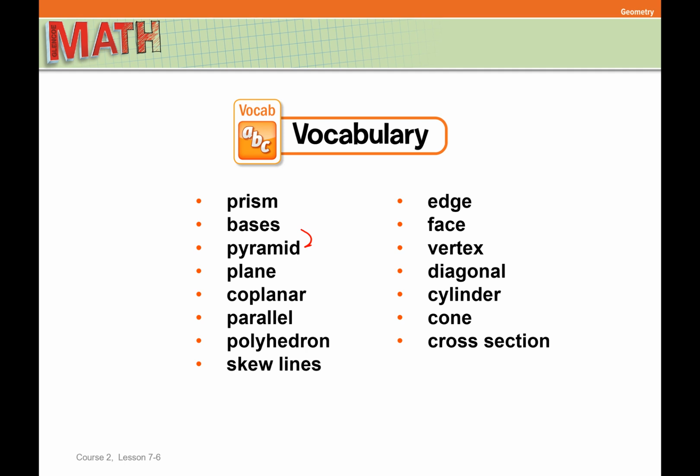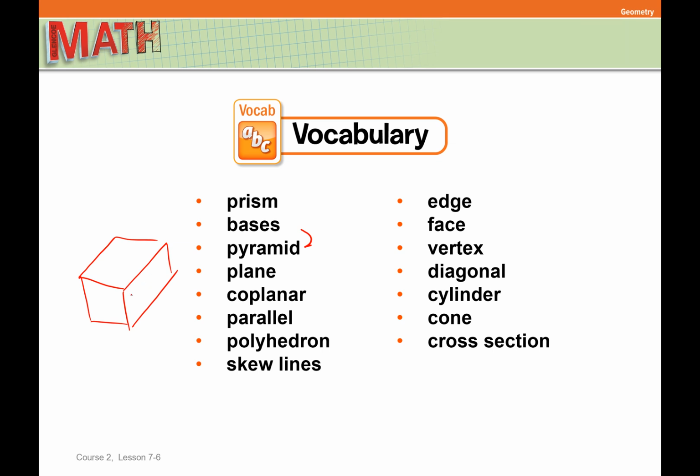For something to be a plane, you're basically just thinking in terms of one set of points that are all just in the same area. So if you think of a sheet of paper, that would be considered a plane. If you think of one side of an object, that's a plane. If things are coplanar, it means that they exist on the same plane. So if I have, let's say, this three-dimensional figure here, you'll find out that I'm exceptional at drawing three-dimensional figures.